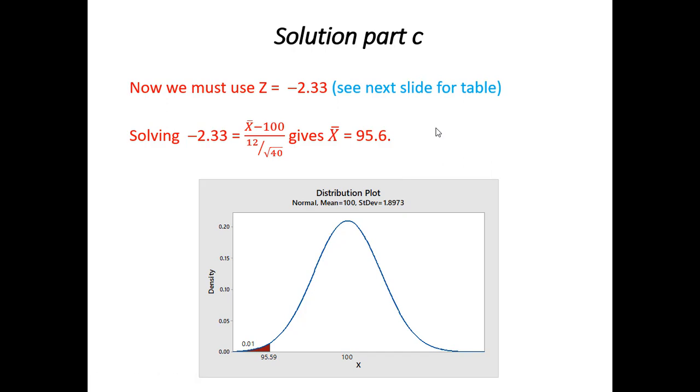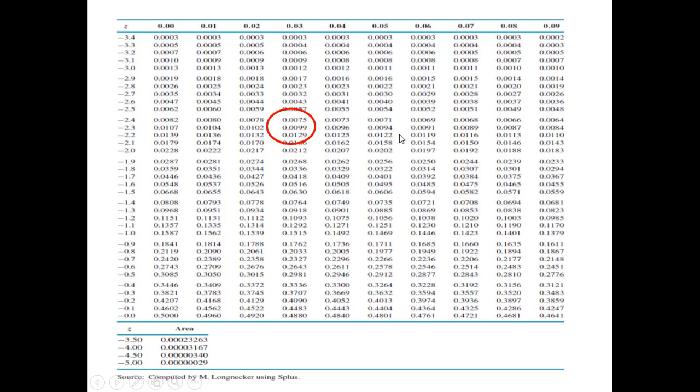We're still using alpha as 0.01. So for our Z value, we have to look at the normal probabilities on the table that has negative Z values. Now I'd be interested in finding the value that's closest to 0.01. So you could see this is the closest one. It's a little bit better than this one. So now we simply use minus 2.33.